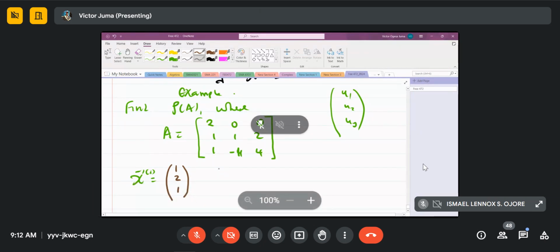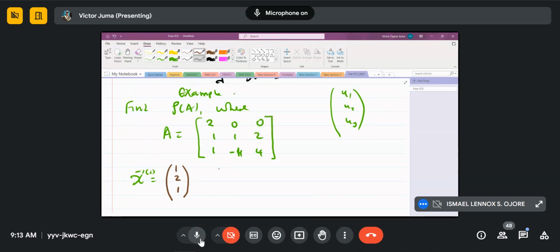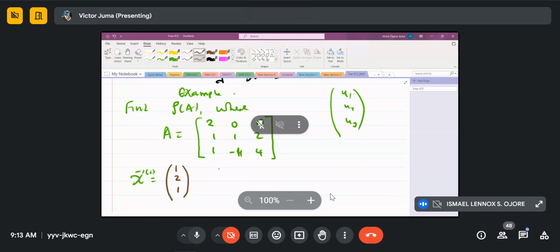Note that when I say normalize, it means if I decide to go with x3 and set it to 1, then in all my subsequent vectors I'll always keep that value 1.